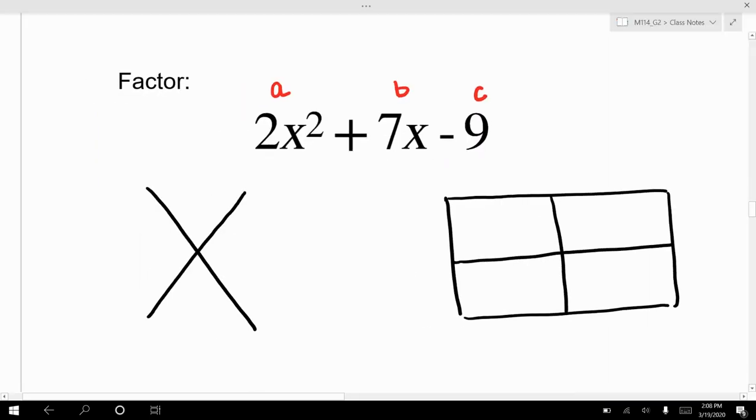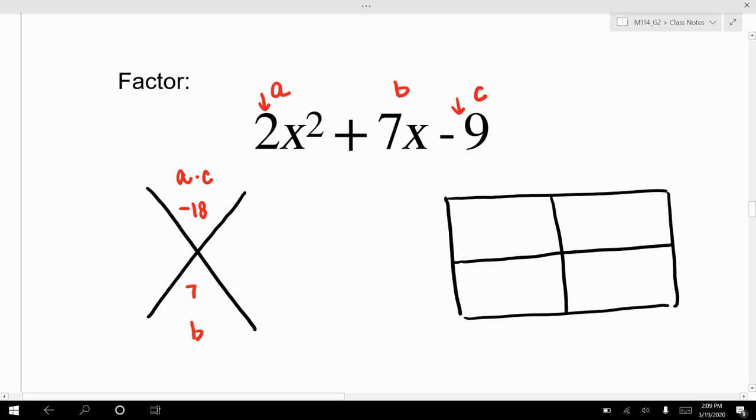So at the top of the X, you're going to place the A coefficient times the C term. So here, A is 2. 2 times -9, that's -18. And then at the bottom of the X, we're going to place the B coefficient, which is 7.